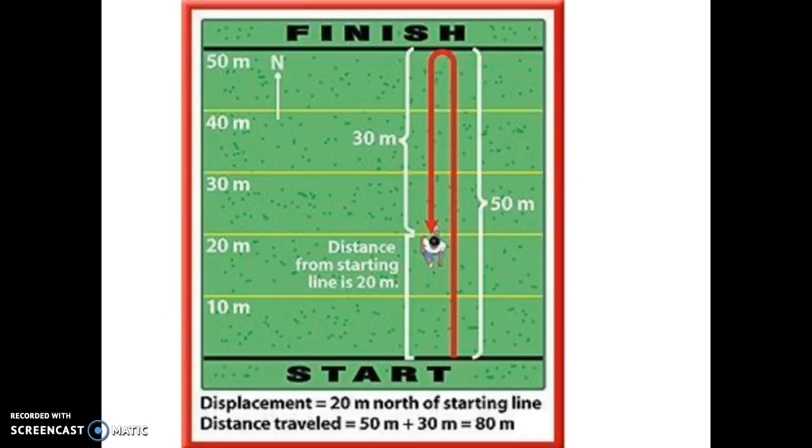However, his displacement is only 20 meters north of the starting line. So you'll notice that the distance traveled in this case is much longer than the displacement. Your displacement is how far you are from the starting point. Your distance is the total amount that the object has moved.